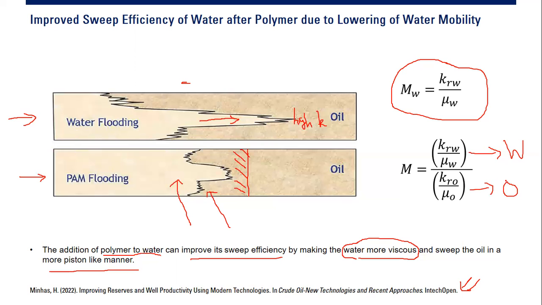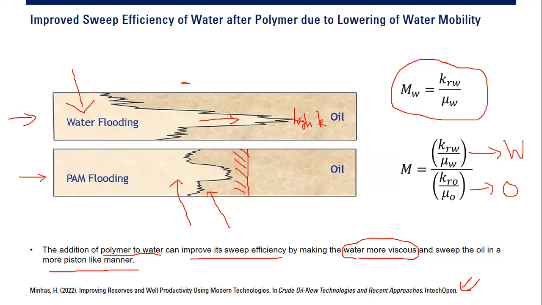But if you have a mobility ratio greater than 1, which means that water is now more mobile than your oil, you will have something like this. You will have poor sweep efficiency, poor areal sweep efficiency, poor vertical sweep efficiency. So basically, if you have a mobility ratio greater than 1, you want to reduce the mobility of your water.